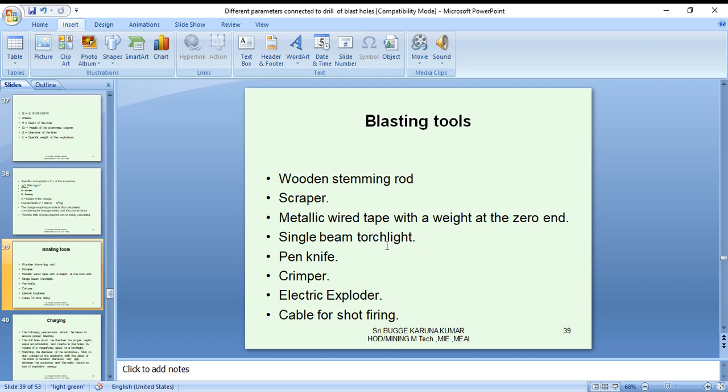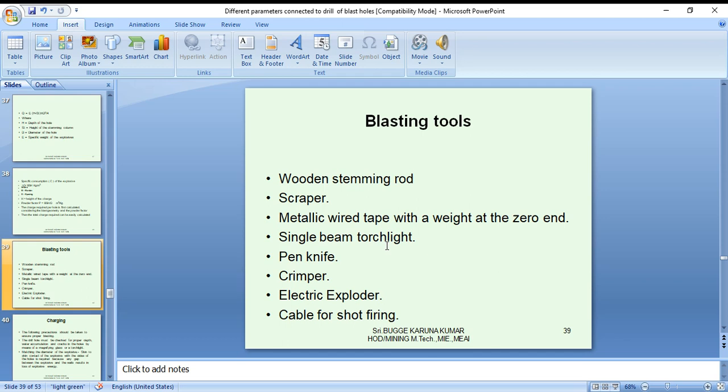Wooden stemming rod is one of the important items for the stemming of material. If stemming is not properly done, the entire blast energy will escape through the weak section, which is the stemming side. It will not go in the horizontal direction, but goes to the vertical depth, coming outside of the hole.